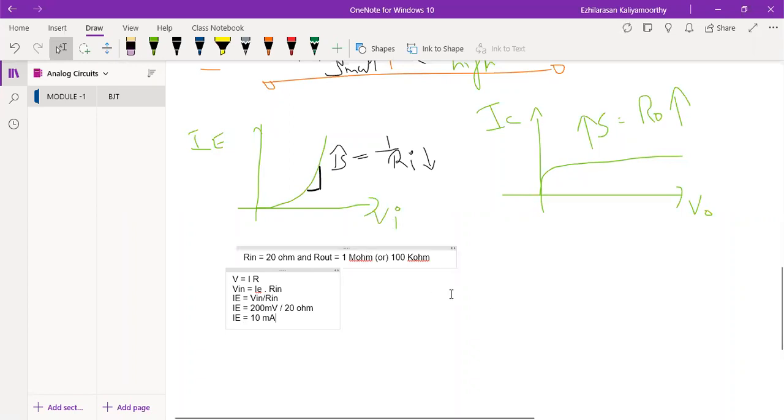That is IE. Now we know the IC expression: IC is equal to alpha IE plus ICBO, where A is nothing but alpha.